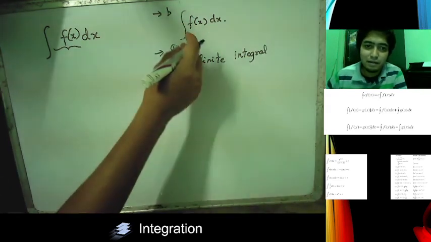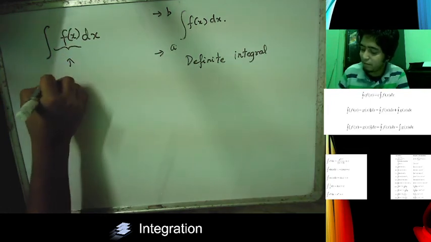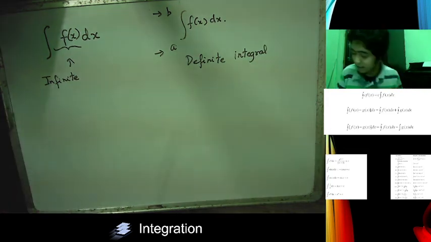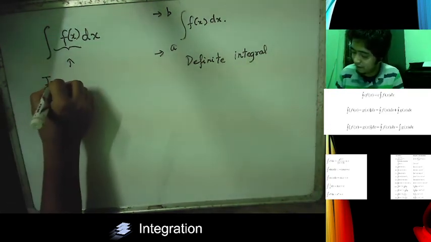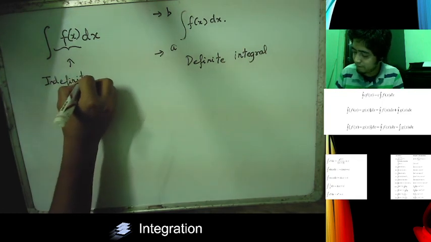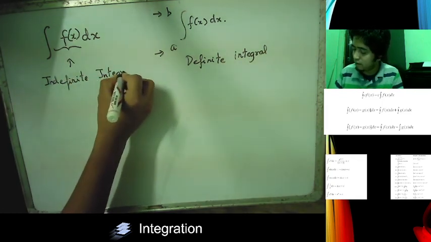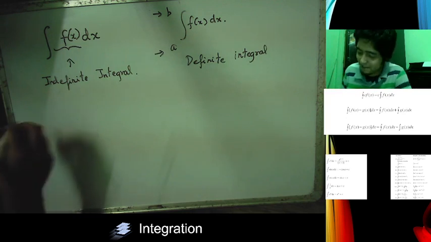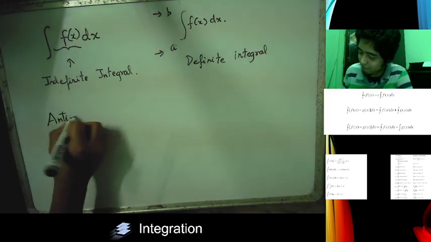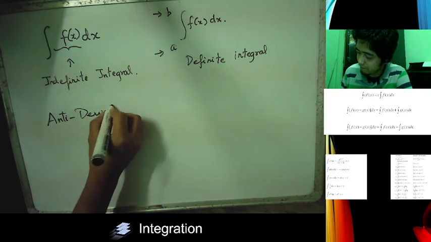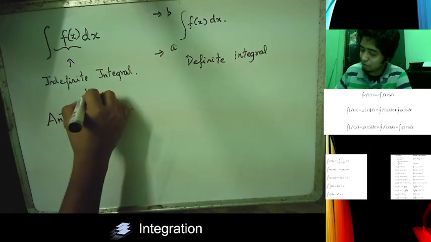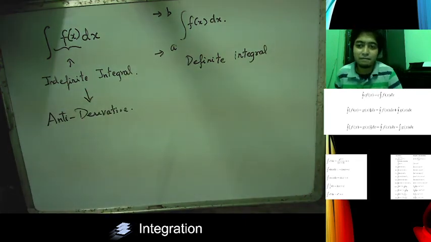And over here, when we have no limits, we call it the indefinite integral. We had interpreted integrals as infinite sum, but we can also call the indefinite integral the antiderivative.